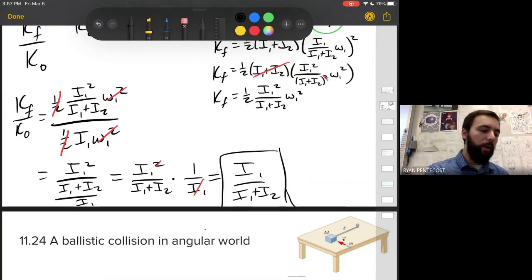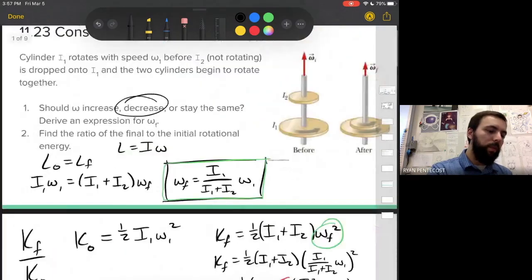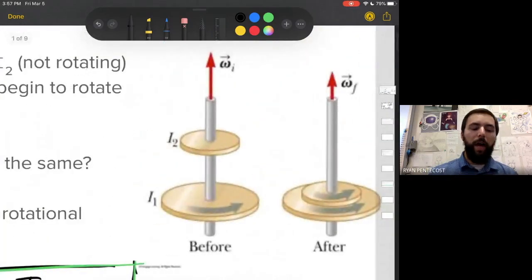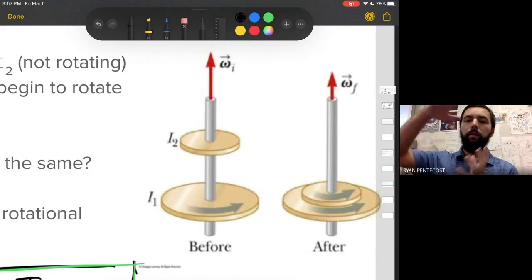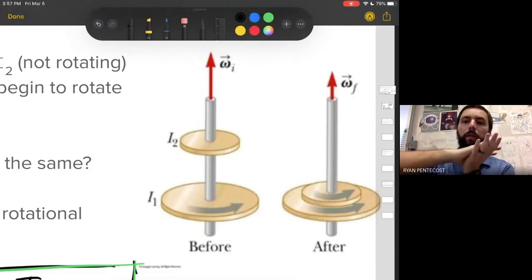And that is because kinetic energy was lost as the second cylinder sped up, or as the first cylinder slowed down. You can think of it both ways, right? As the first cylinder is rotating and then it drops down onto this stationary one, they're not going to immediately catch and slow, and I1 will slow down and I2 will speed up, right?